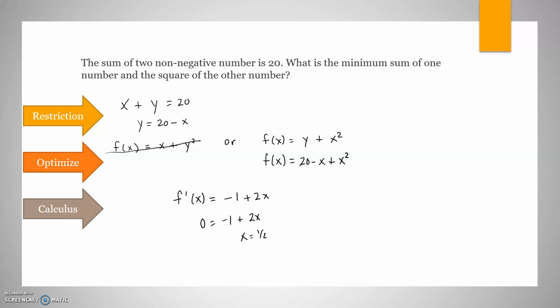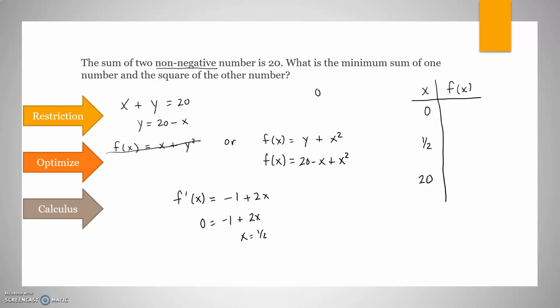And remember, maximums and minimums can happen at endpoints. Non-negative means that the smallest that x could be would be 0, and the largest that x would be 20. So this is going to be a candidates test because we actually have endpoints here. So we're going to check the endpoints of 0 and 20 so that our numbers are non-negative. And then we're also going to check the critical value of 1/2.